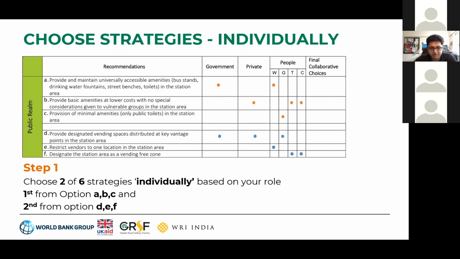So let's say if I'm the government, I'll choose one option in the first three and one option in the second three. This happens for all the roles which you have picked. With respect to your respective roles, you need to pick these options as step one.